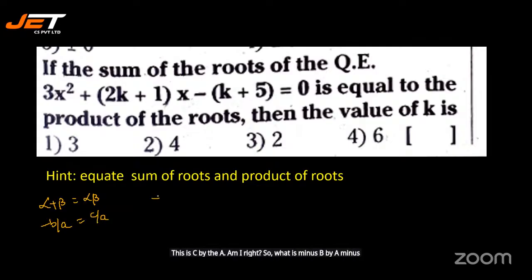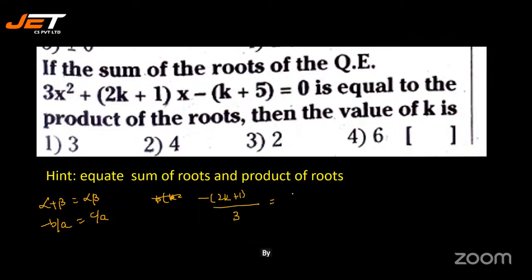Minus into minus will become plus k. This one, right? So minus of 2k plus 1 by a is 3 is equal to c. C is minus of k plus 5 by a is 3. Am I right?